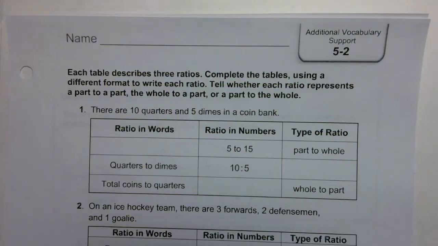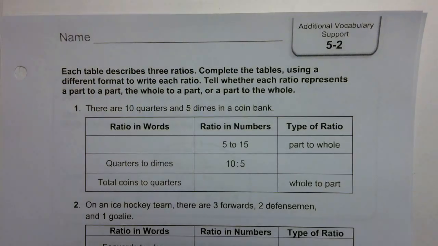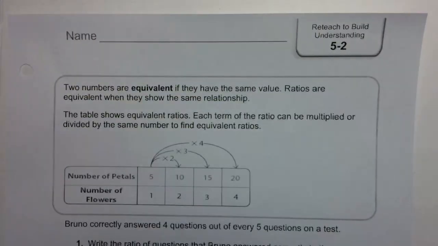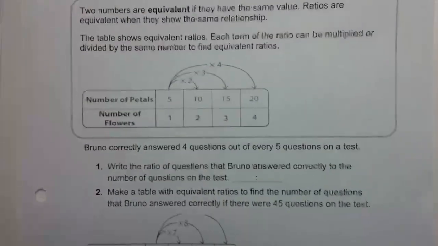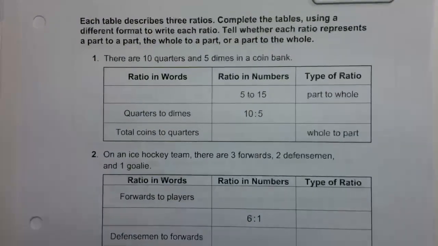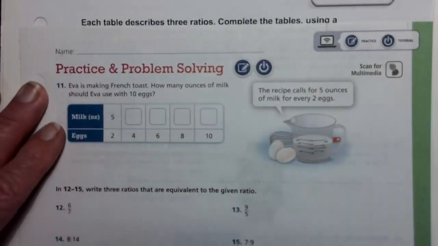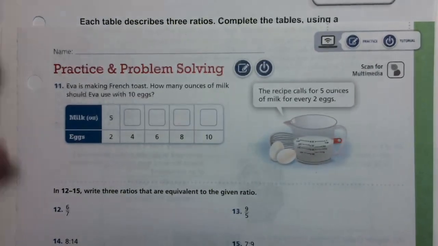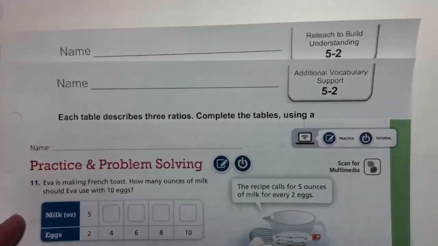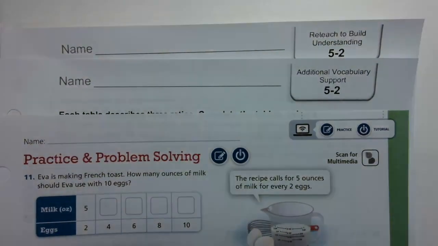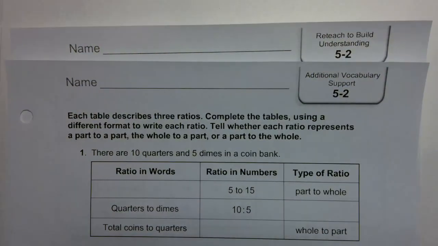See if you can figure out your additional vocabulary and your reteaching page. And your classroom teacher will help you work on those. So you have 3 things to do. Page 277 and the vocabulary and the reteaching page. Those are the 3 things that you're working on for the remainder of class time. All right, get busy, and I will see you tomorrow.